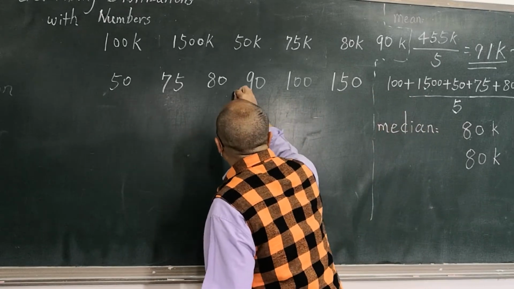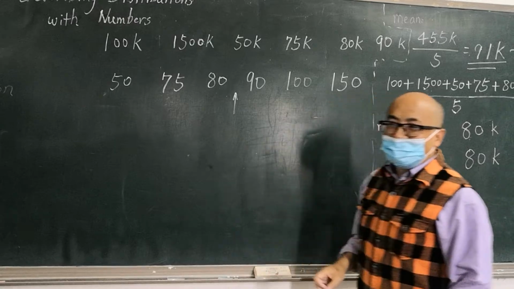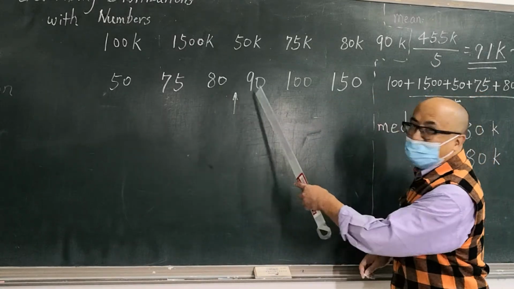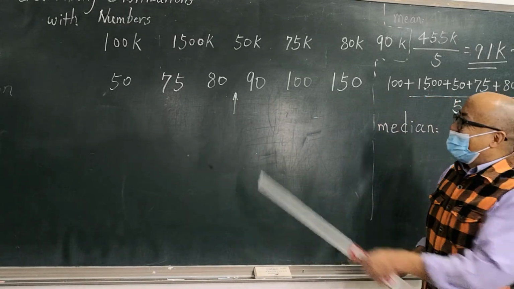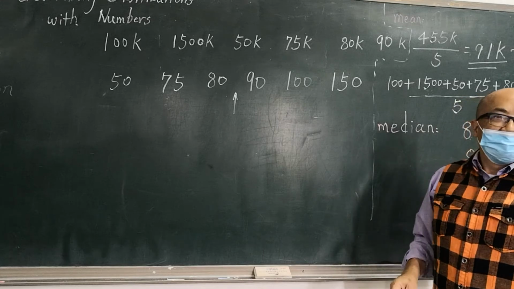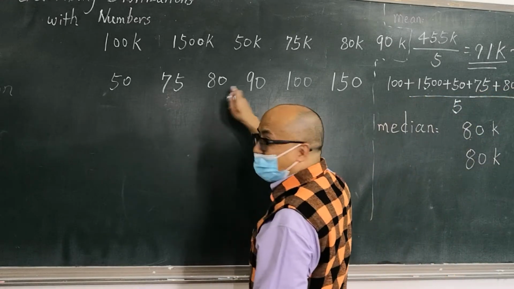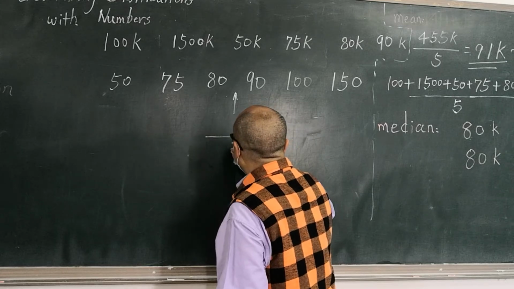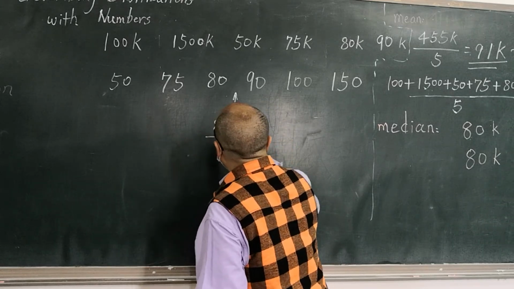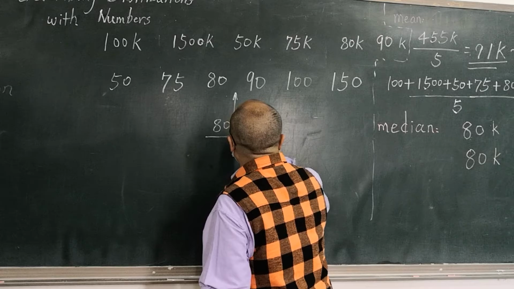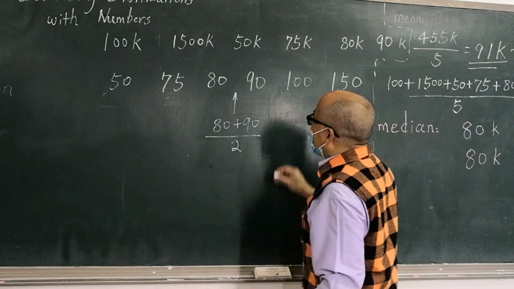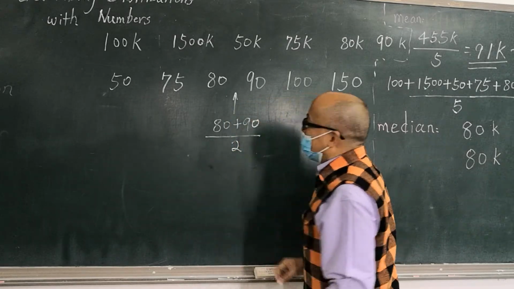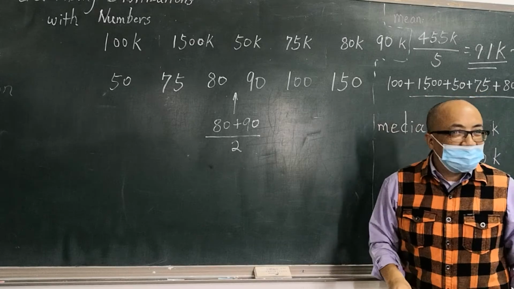Where's the arrow? So now you do the average of the two middle numbers. 85. $85.